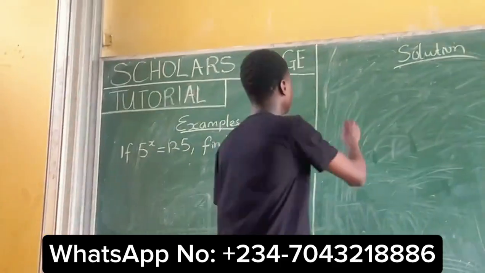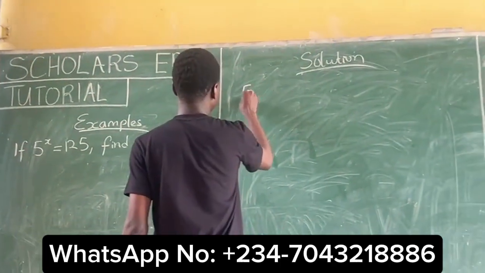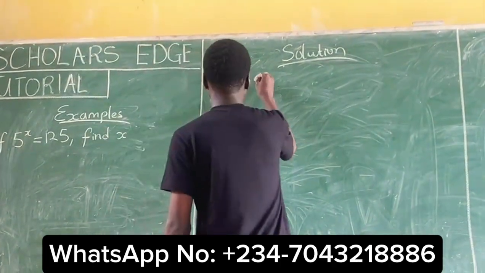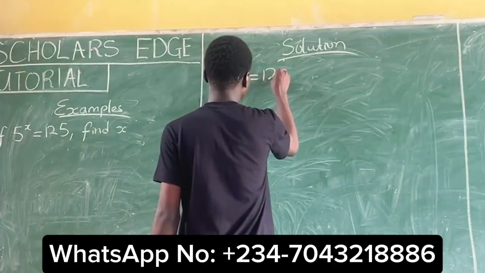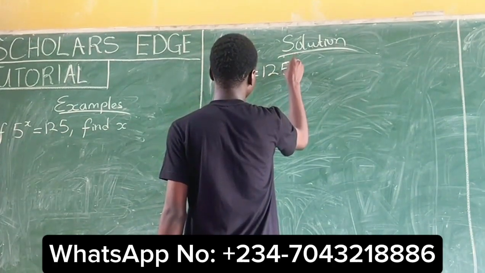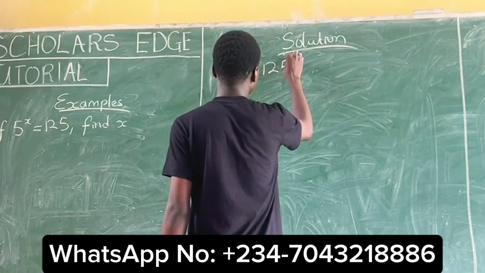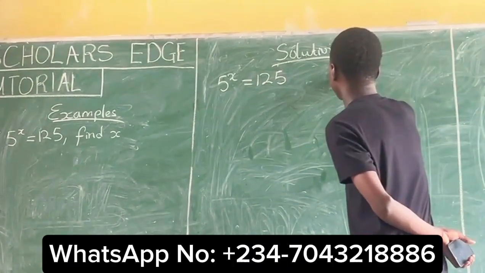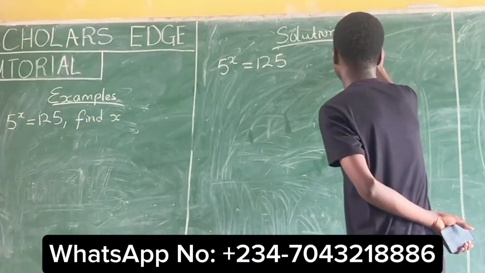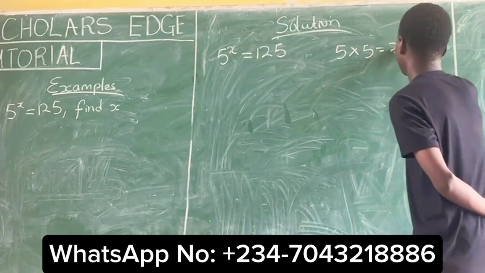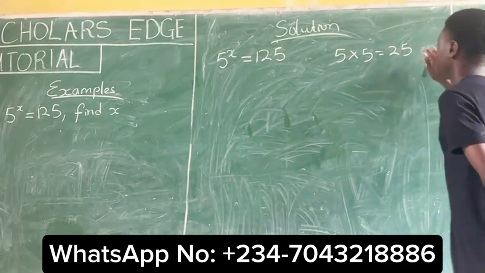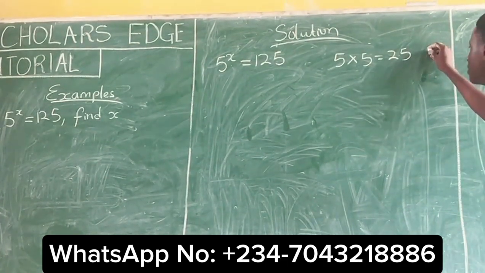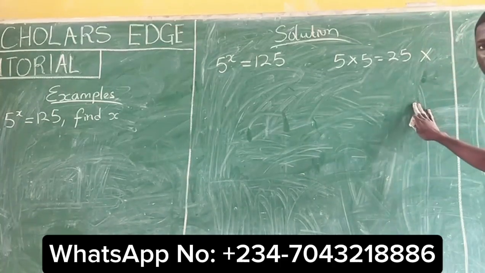So here is what we do. We have 5 to the power of x equals 125. So first of all, 5 times 5 will give you just 25, so invariably this is wrong.